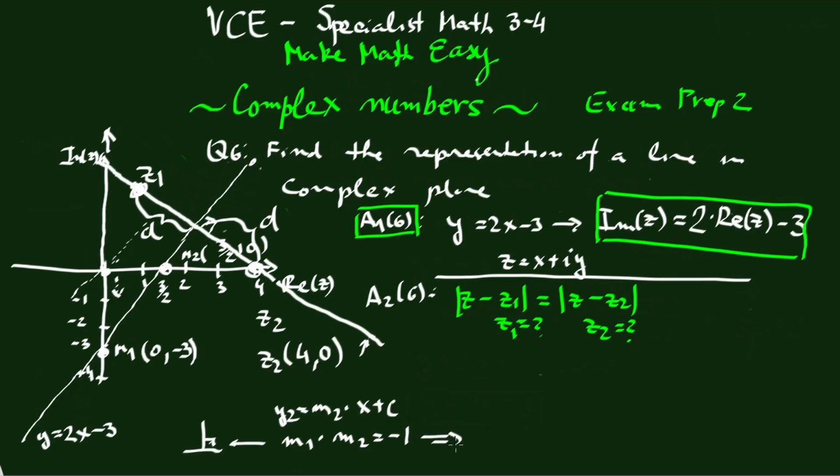So from there, m1 is 2, and 2 times m2 is equal to minus 1. From there we get m2 is equal to minus 1 half. Therefore our equation becomes y2 is equal to minus 1 half of x plus c. So we are left now to get this c.